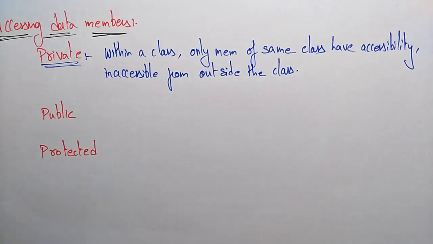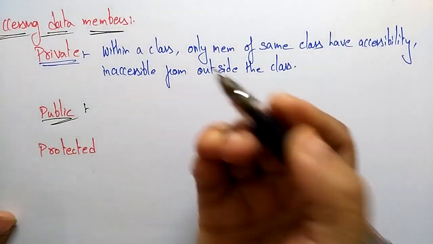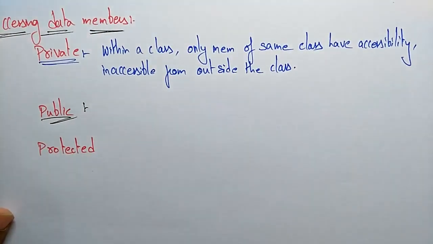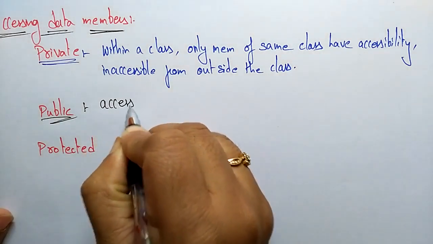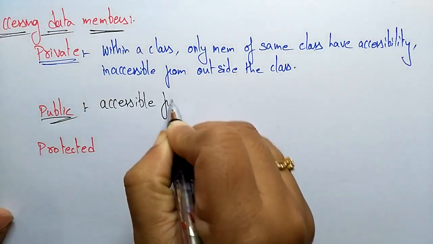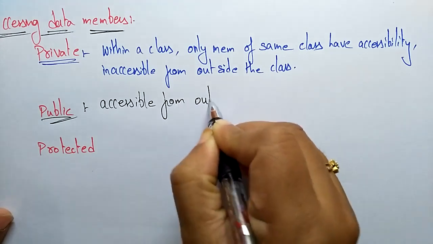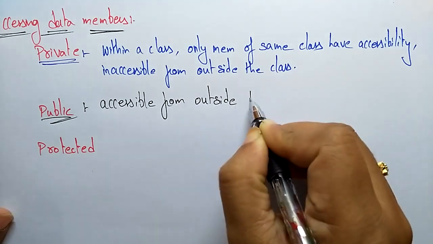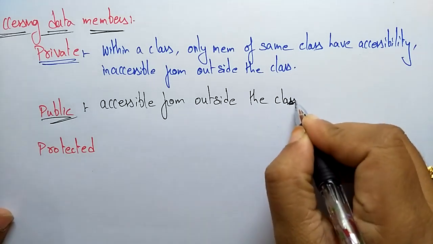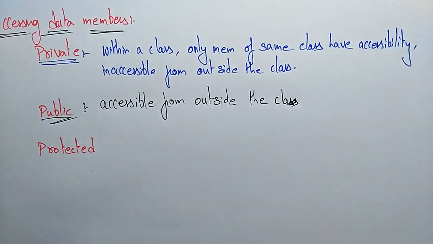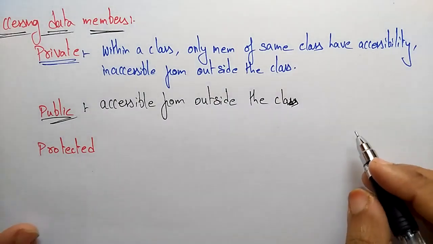Now coming to public. What does public mean? Public means anyone can access it, so it is accessible from outside the class. Outside the class you can also access those data members. How can you access those variables from another class?